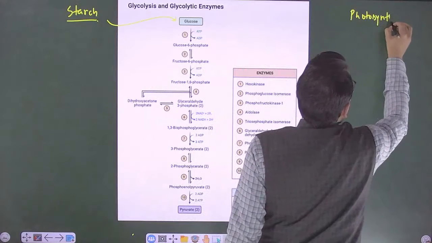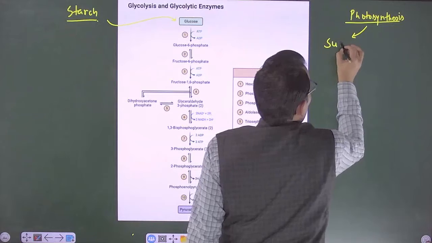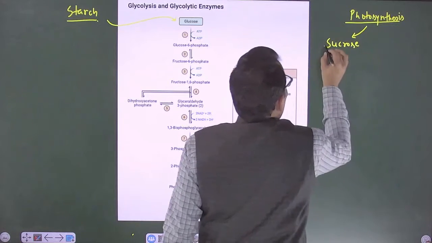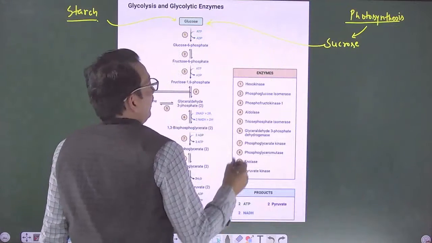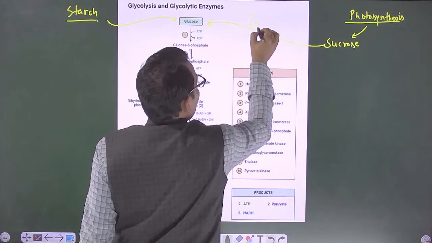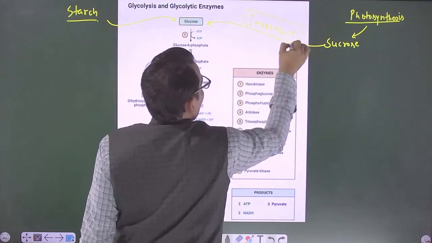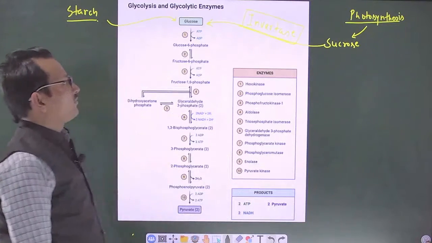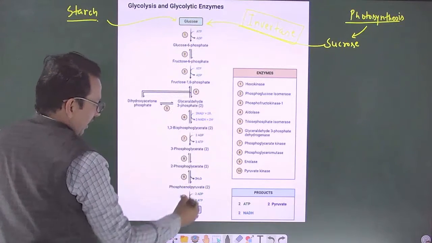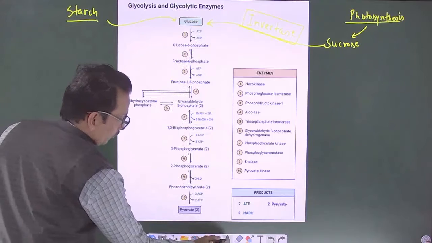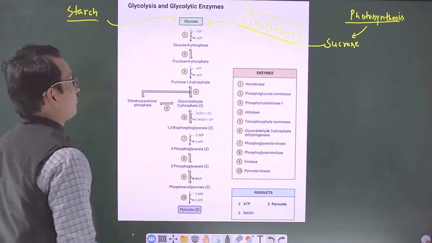We can obtain sucrose, and that sucrose can produce glucose by the enzyme invertase. With the help of this enzyme you can get glucose. This glucose is broken down in these pathways and can produce two molecules of pyruvate.